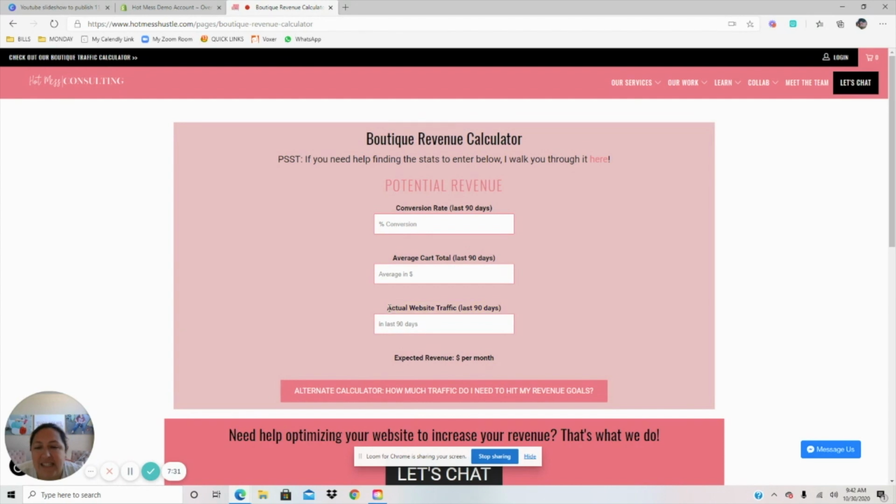Because here's the thing, yes, website traffic makes a big difference, but if your website traffic is already really high, if you're already working your booty off to drive a ton of traffic to your site, maybe you're using paid ads, who knows, but your conversion rate is less than 2%, less than 1%, it's going to be smarter for you to see what you can do to increase your conversion rate instead of focusing on trying to get more traffic.